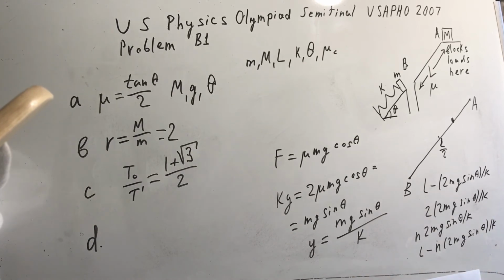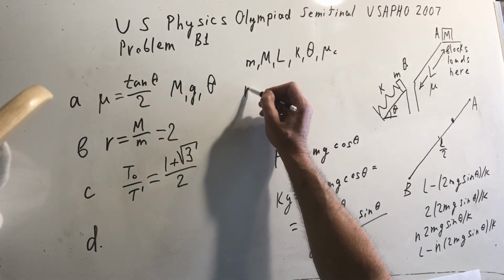So we just need to check whether this distance is greater than L over 2, or this distance is less than this equilibrium point. So we can write these conditions down.